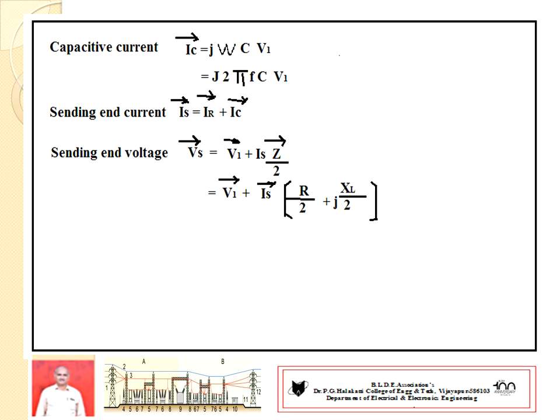This is called the nominal T method. Starting from equivalent circuit considerations, vector diagram, all these calculations may be asked in the examination, 8 to 10 marks. Give the performance analysis of medium transmission line by using nominal T method. Okay, sir.